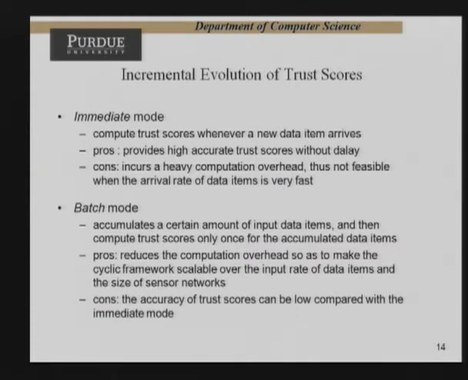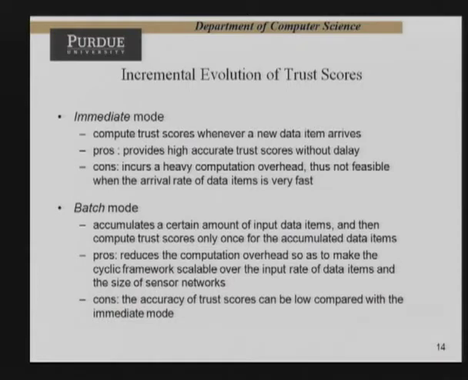However, there is a critical disadvantage of this approach. The accuracy of the trust score can be very low compared to the intermediate mode. In this approach, we need to wait to accumulate some data items, possibly 1 minute or 1 hour or 1 day.